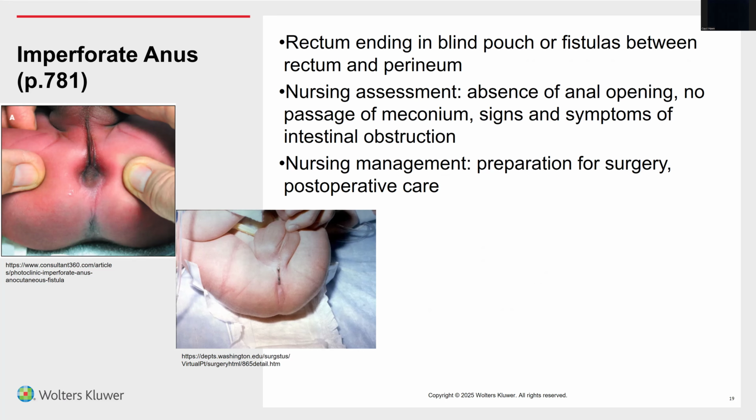So you're going to provide lots of postoperative and comfort care once the baby's out of surgery, lots of education to the parents, monitor for signs and symptoms of infection, and make sure that the baby doesn't have any active intestinal obstruction or ileus or anything like that.